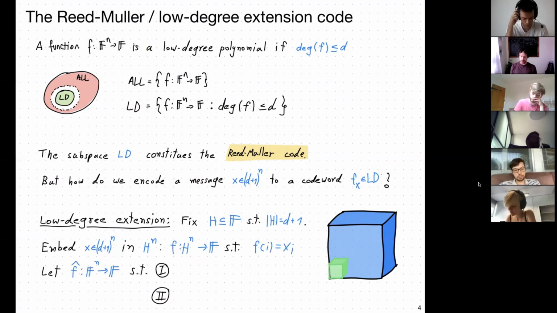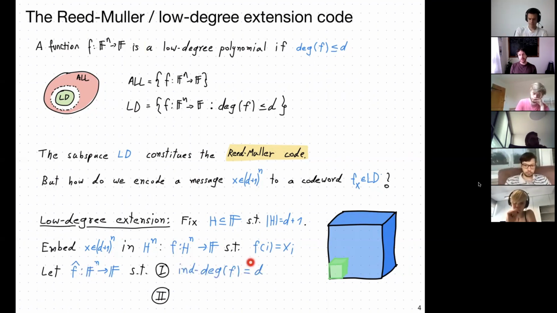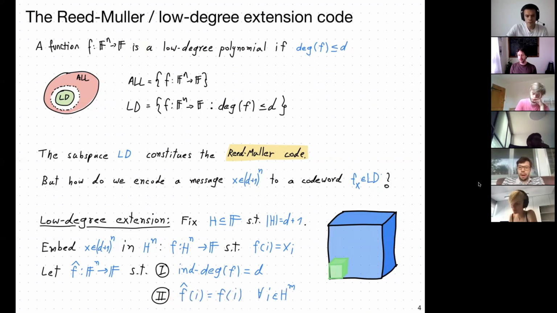Notice that I extended the range from H to the n to F to the n, such that two conditions hold. The first is that the individual degree is at most d, and the second is that on the green hypercube, this polynomial takes the same value as the function that we started with.